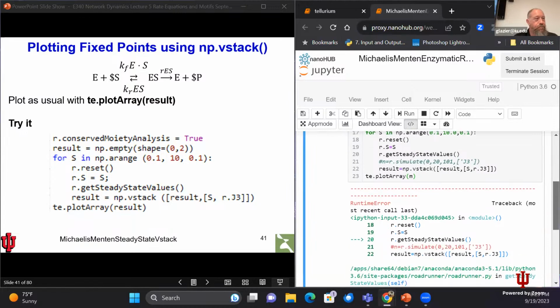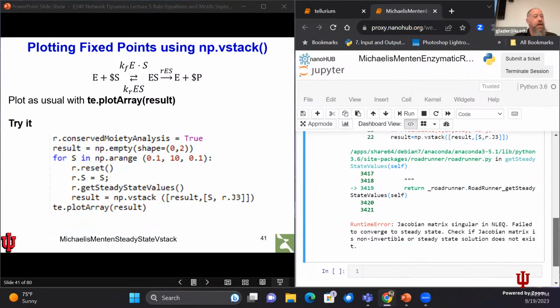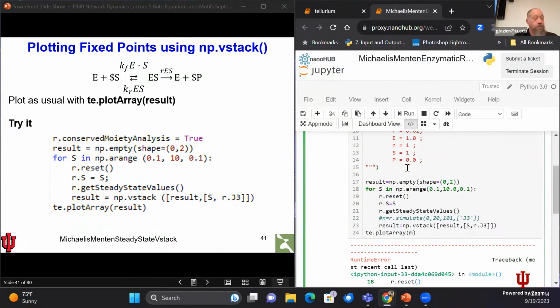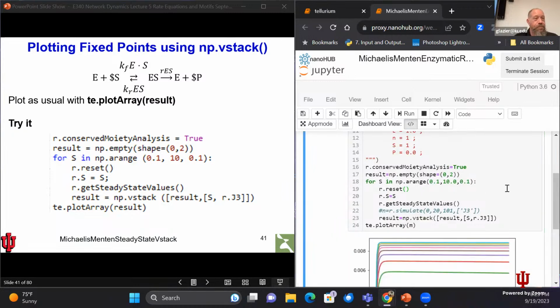Oops. Yep. Jacobian matrix non-invertible. So maybe I do need to have r dot conserved moiety analysis equals true. Oh well. Yeah.